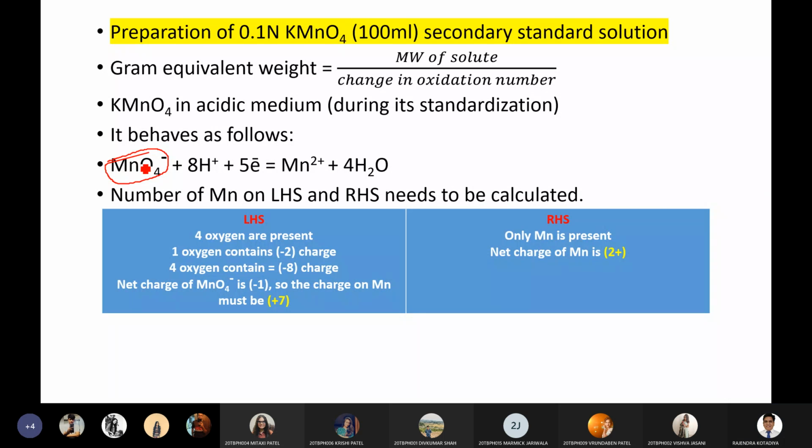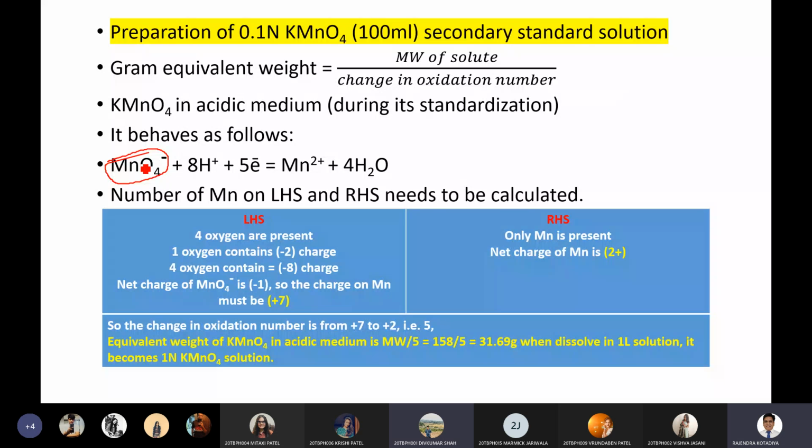So the change in oxidation number is from +7 to +2, that is 5. So in this particular case, the equivalent weight of KMnO4 in acidic medium will be the molecular weight of KMnO4 divided by 5. It is 158 by 5, and that is why it is 31.6 gram.